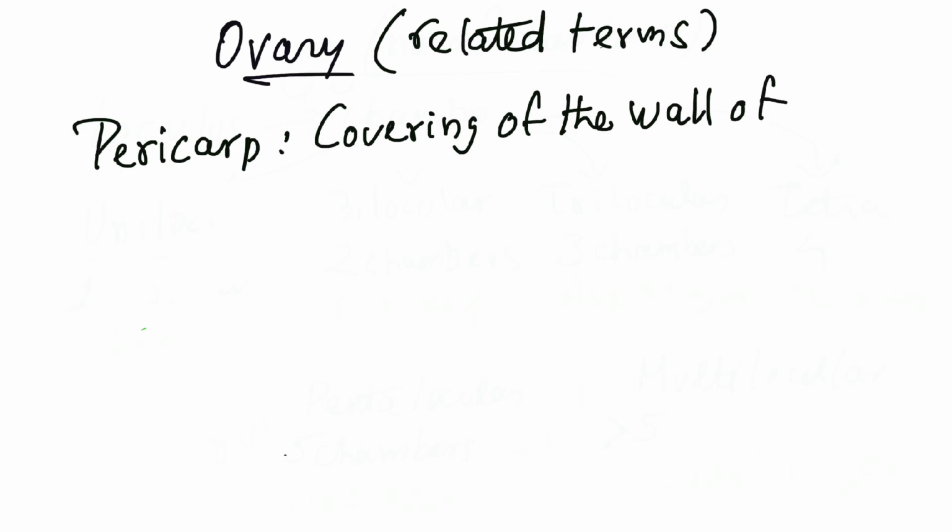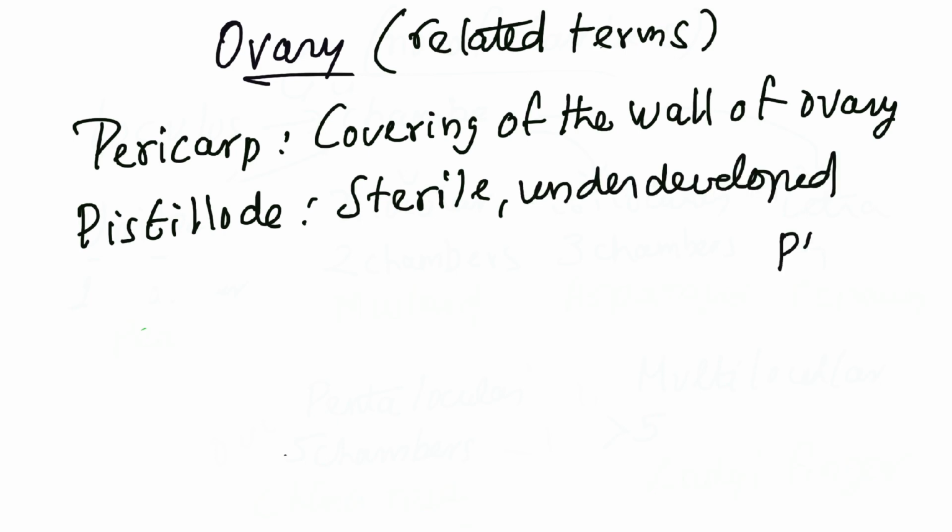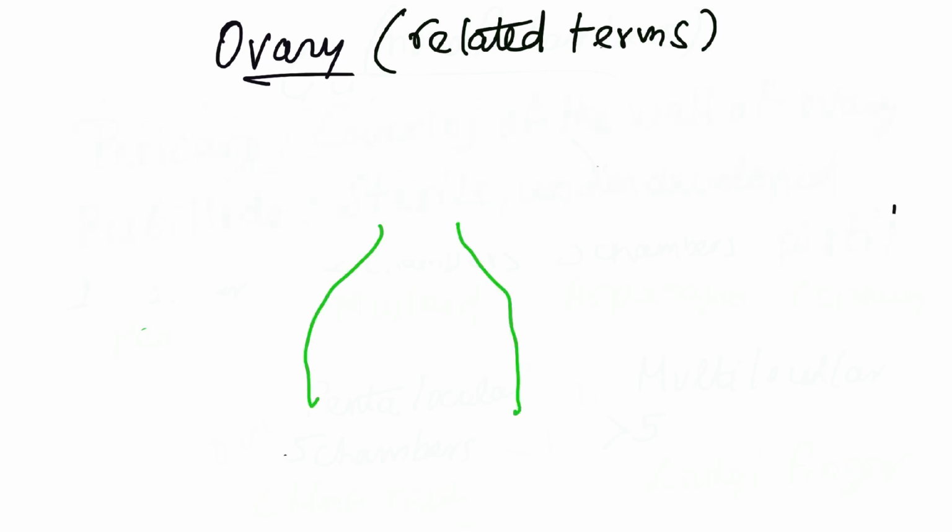Another term is pistillode, which basically means a case where the pistil is sterile and underdeveloped. We also discussed a similar term in the previous video, that is staminode. That was with the stamen.